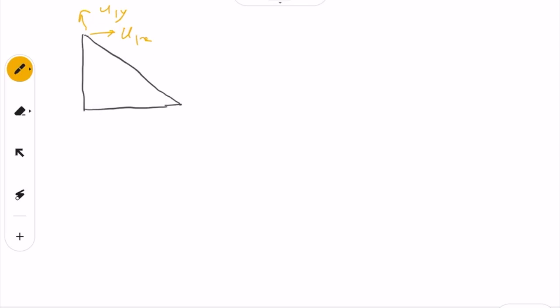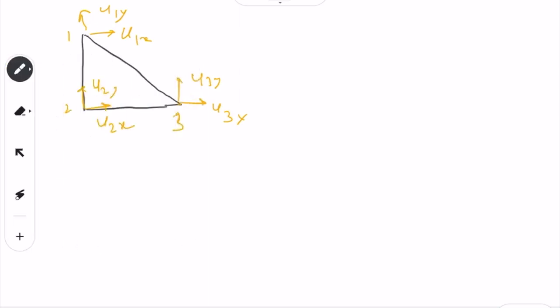Similarly, we have the next one which will be U. So, this is 1, this is 2, this is 3. So, U2x, U2y, U3x, U3y given, and then we are going to write UE.